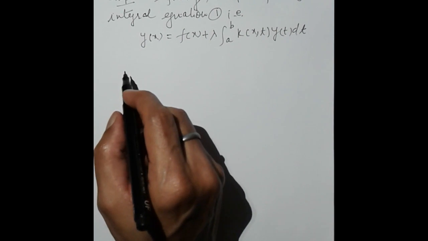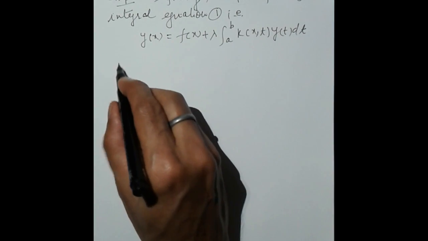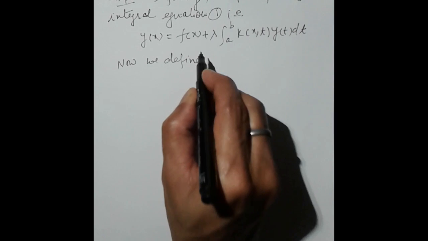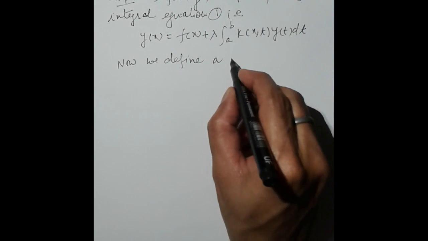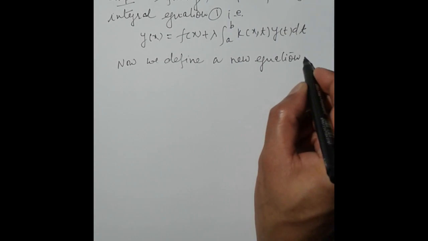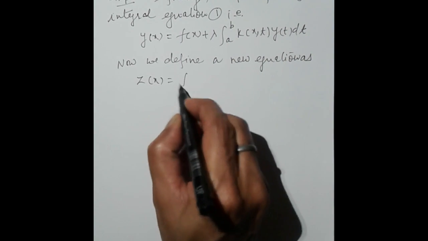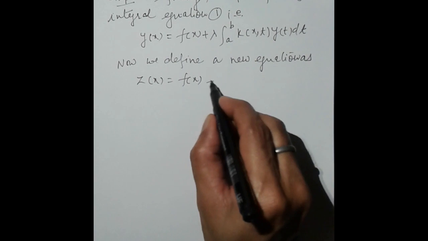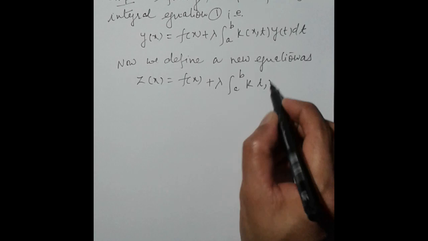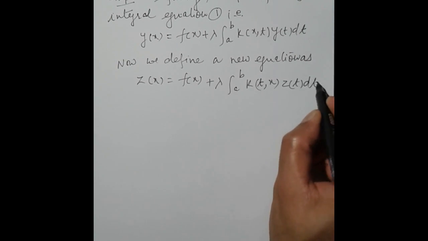Now we define a new equation as z(x) equal to f(x) plus λ, the integral from a to b, K(t,x) z(t) dt.